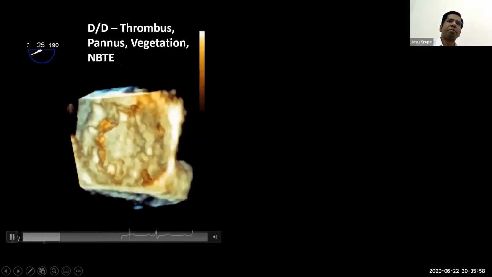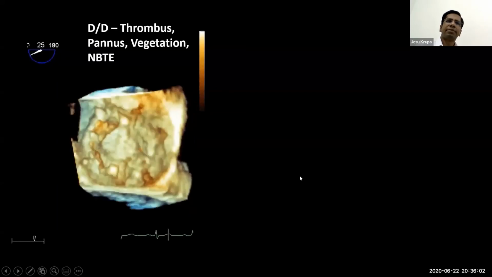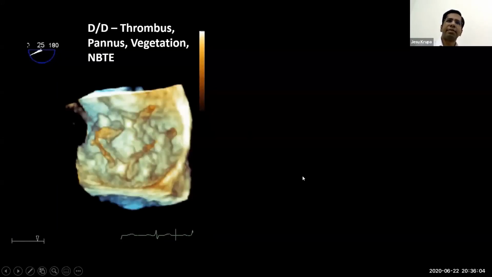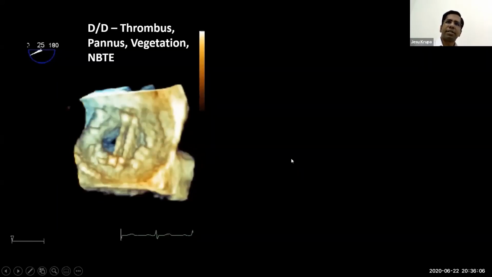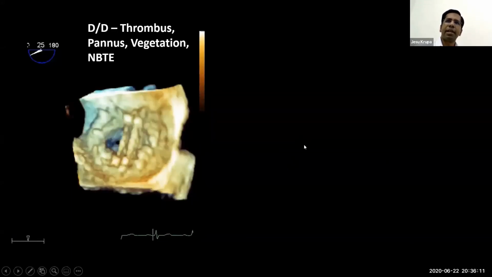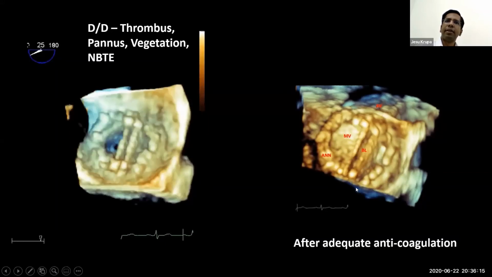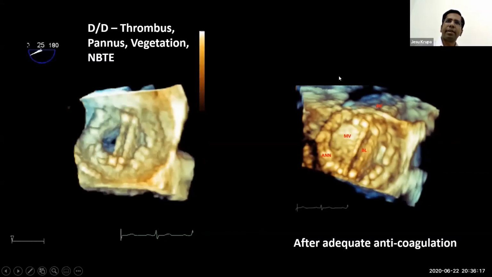So all these are possibilities, but what was most likely after all extensive evaluation was thrombus. So the patient was again anticoagulated properly, and all those strands went away, and everything normalized.